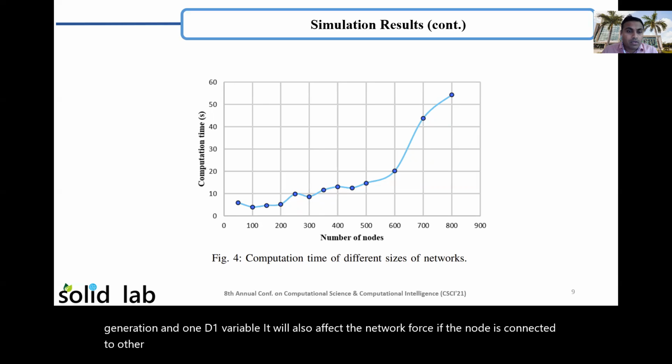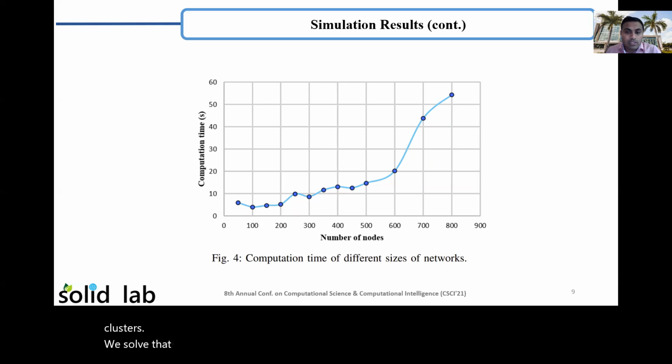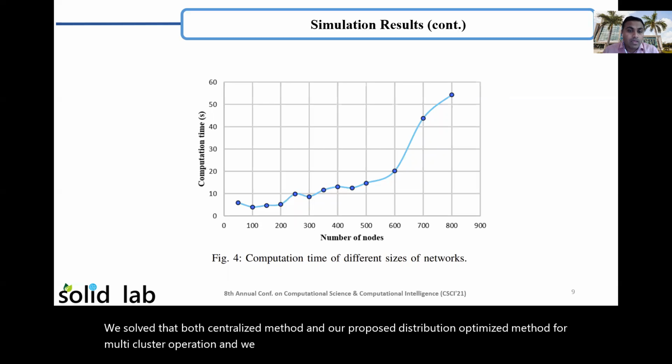We also compared our proposed approach with a centralized optimization approach by considering a 33-bus power distribution network having 4 clusters. We solved that with both the centralized method and our proposed distributed optimization method for multi-cluster operation, and we obtained less computational time than the centralized approach.